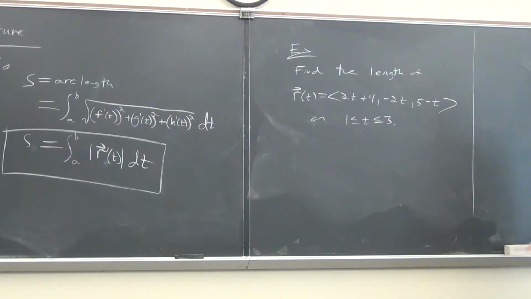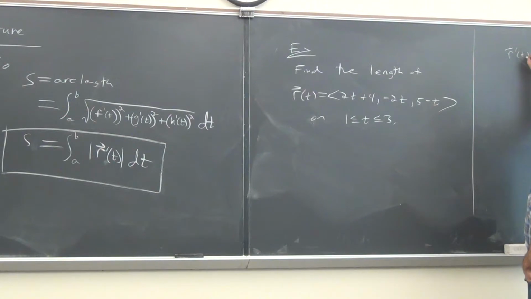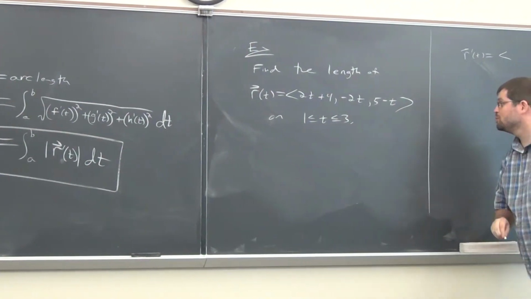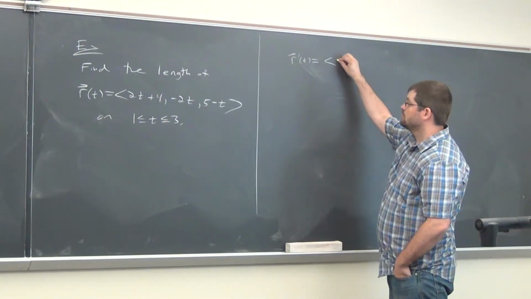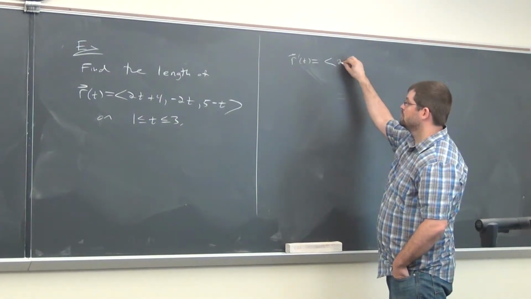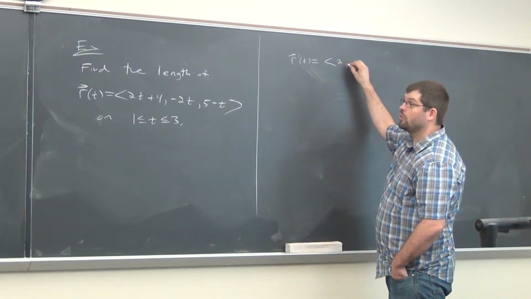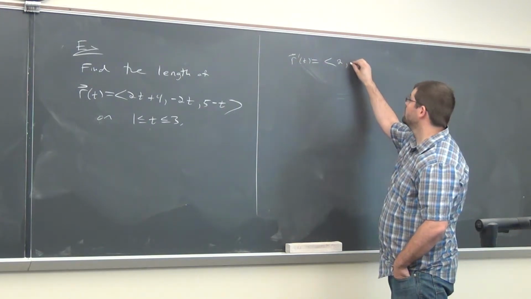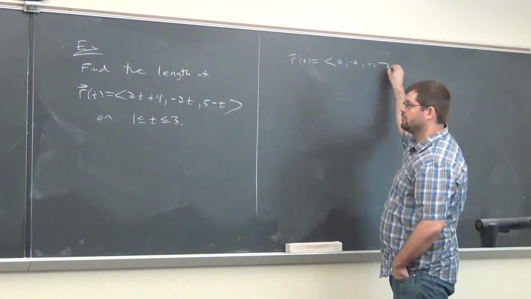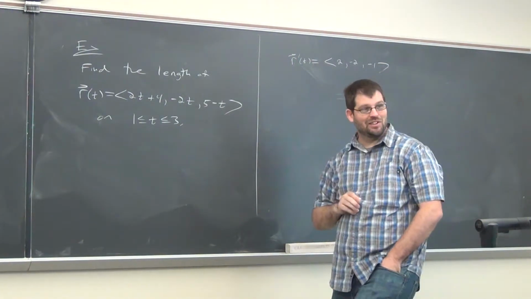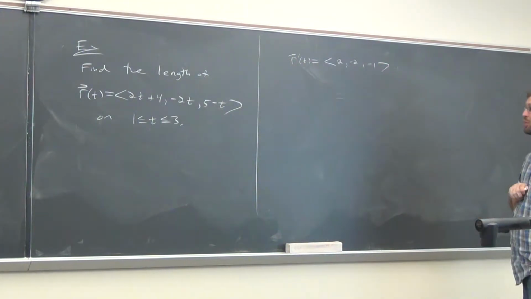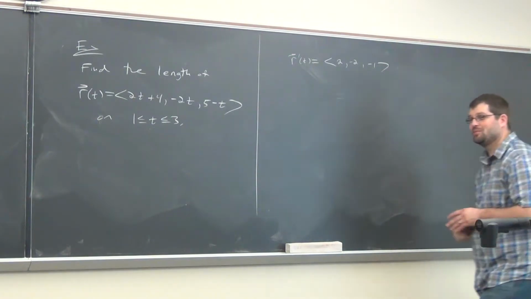So again, all you do is take your derivative, in this case, it's very simple. What is it? Derivative: 2, 2, 1. No, negative 2, negative 1. Be careful. It's an easy mistake and completely destroys the problem if you do the wrong one.